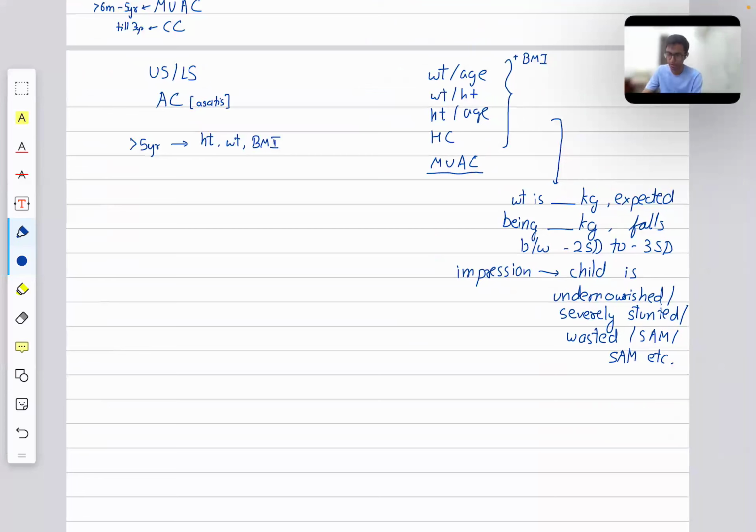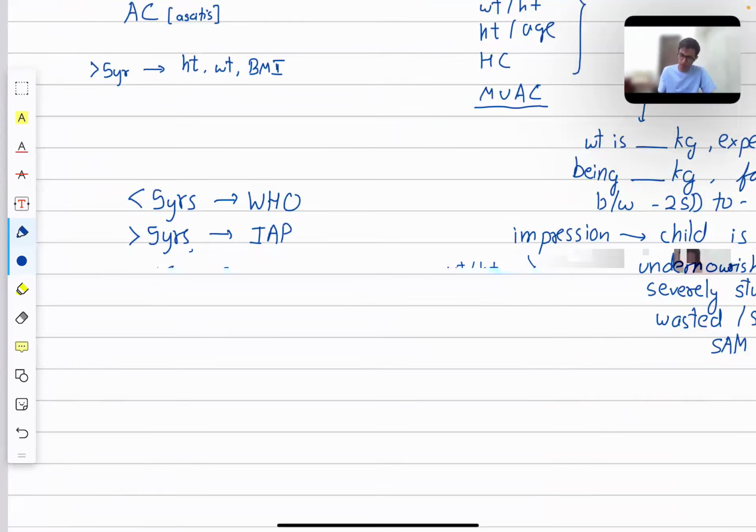All right. One of the questions that the examiner may ask you is which growth charts are to be used. So in cases of a child less than 5 years, we use WHO growth charts. Greater than 5 years, we use Indian Academy of Pediatrics growth charts.